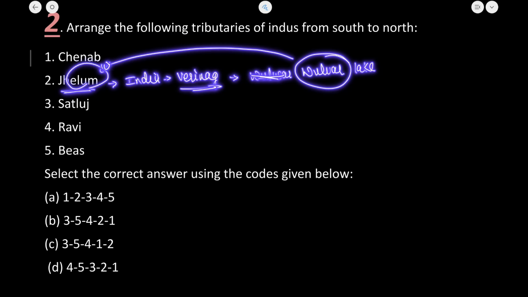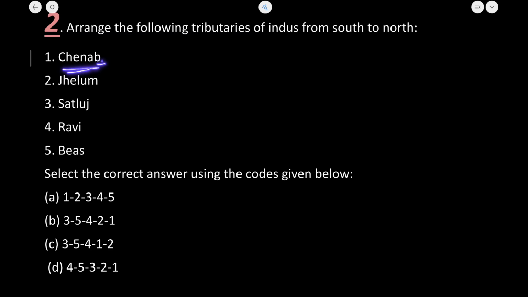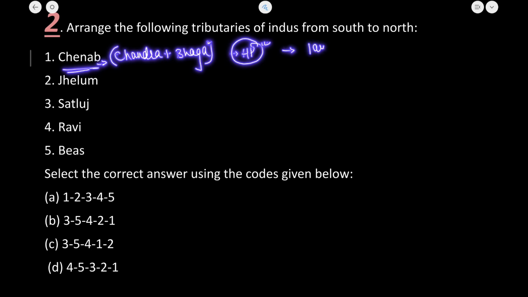Now, if we talk about the Chenab, this Chenab is made up of two streams, which are known as Chandra and Bhaga. Both of these combine to form the Chenab river, and it rises in Himachal Pradesh. Also you need to know that the Chenab is the largest tributary of river Indus.